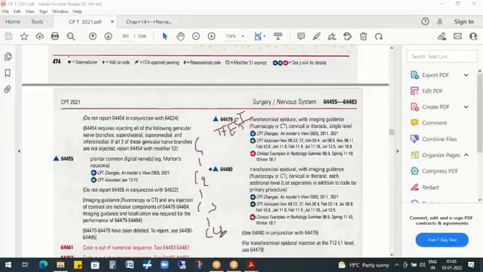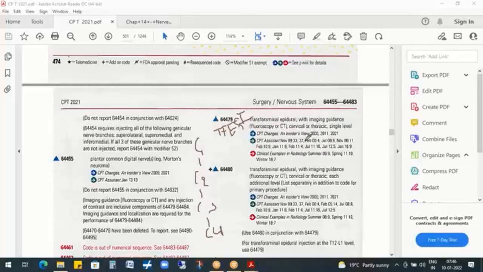C1 to C2 is one level, C2 to C3 is a second level, C3 to C4 is a third level. So 3 levels. Between 2 segments there is 1 level. Understood? There are 4 segments. We already discussed this in anatomy.